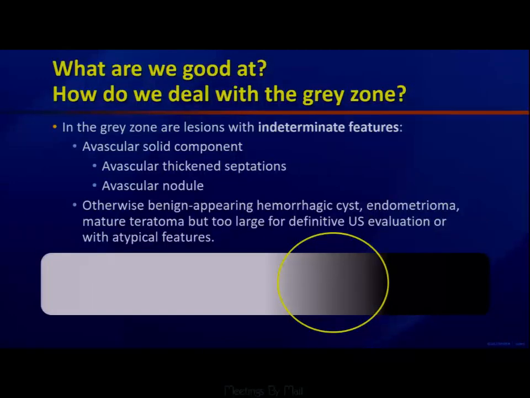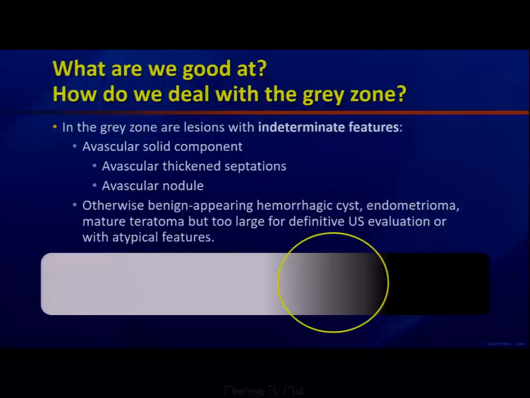Also in that sort of gray zone, but under a little bit of a different umbrella, and you know this from looking at these cases, sometimes we see a cystic lesion that otherwise really looks like a benign appearing hemorrhagic cyst, endometrioma, or teratoma, and you want to call it that, but it's either too large for really definitive ultrasound evaluation, or it has somewhat atypical features, and you don't feel comfortable just putting it in that box right off the bat.